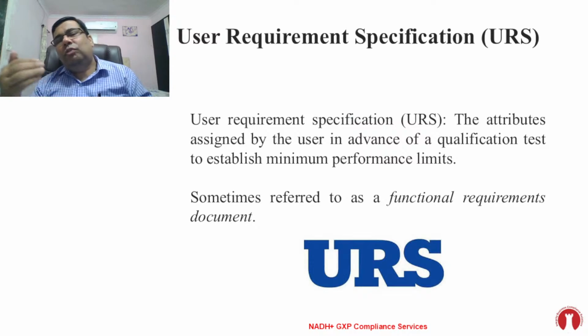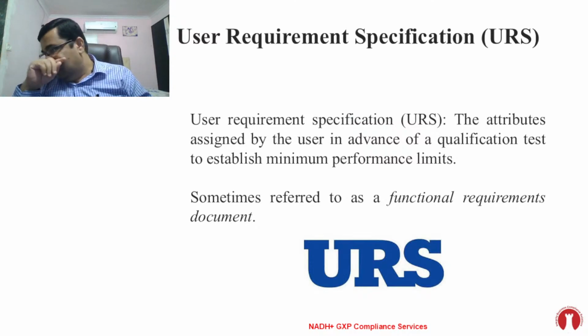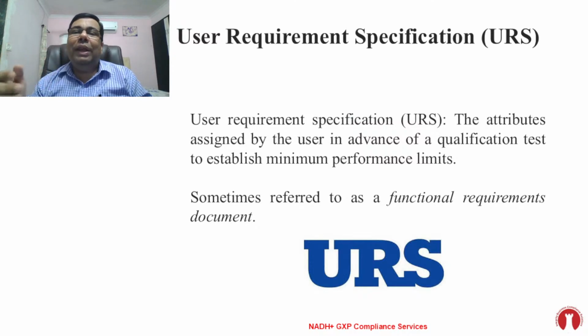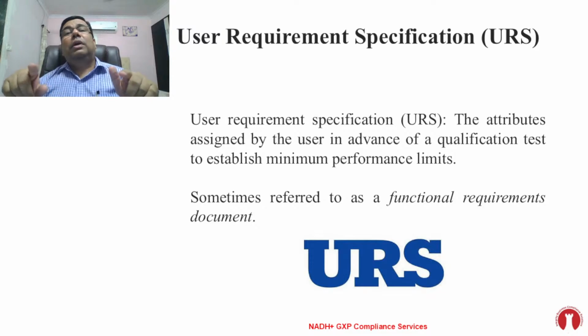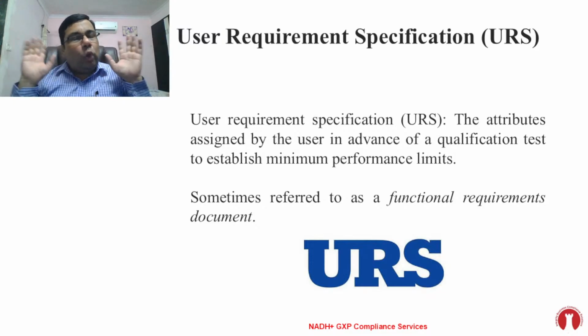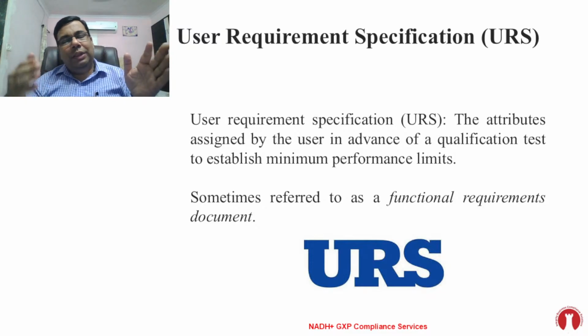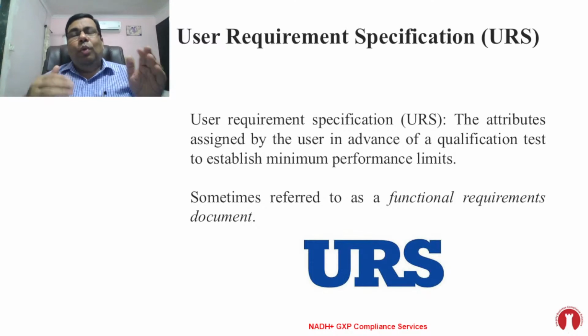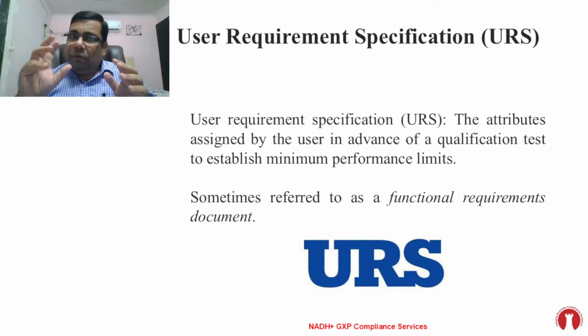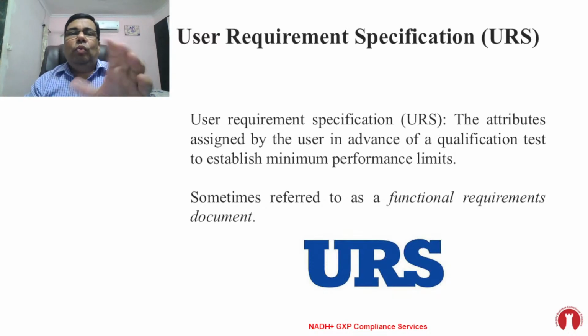Now let's discuss one by one with respect to qualification, and the first thing is the URS. This is the definition of a URS given specifically for shipping containers. Overall the thought process is the same for all these concepts: URS, DQ, OQ, PQ. Concepts are the same, thought processes are the same, but the requirements are somewhat different.